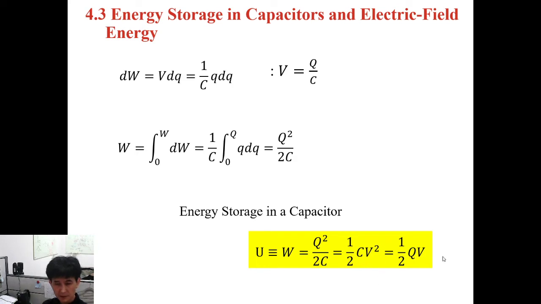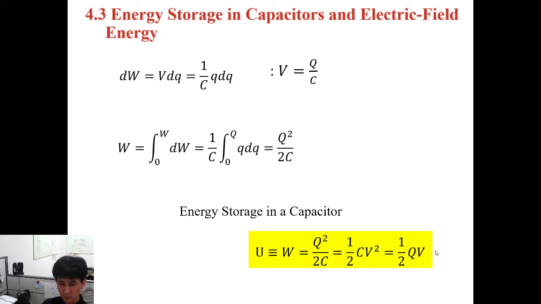So these are the 3 expressions for the energy stored in a capacitor. In terms of Q, we have Q squared over 2C as the stored energy in the capacitor. Or in terms of V, we have 1 over 2 C times the final voltage squared is the energy stored in the system.